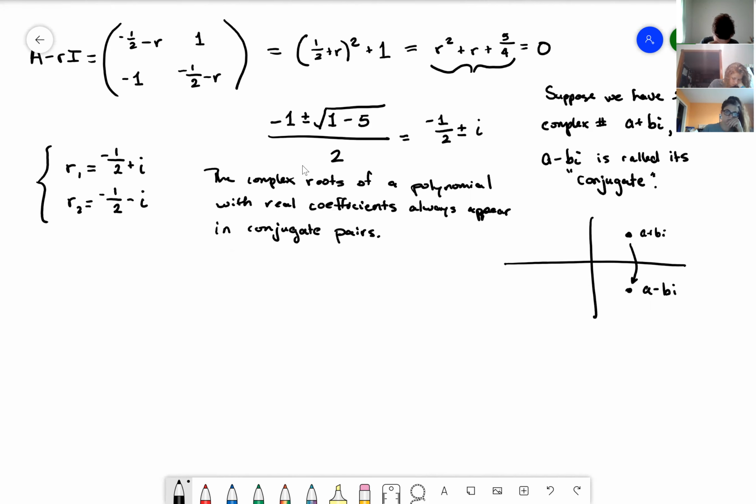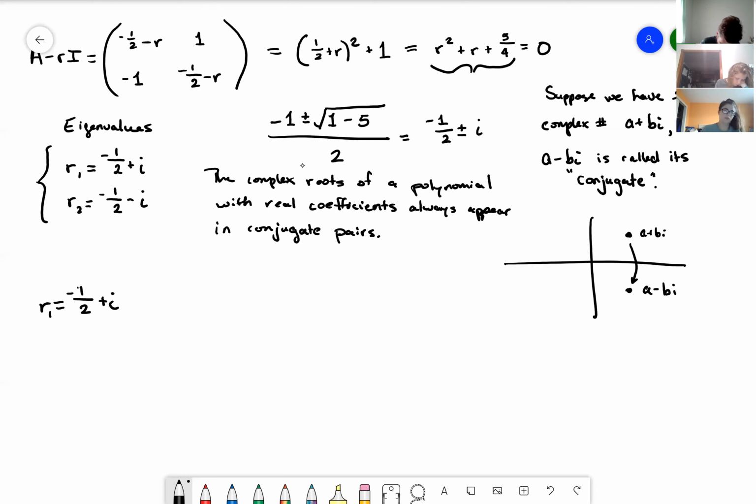Now, that means these are our 2 eigenvalues, the 2 eigenvalues of the matrix. We have 2 distinct eigenvalues, no longer real though, but we can find the eigenvectors. So let's go with the eigenvalue -1/2 plus i and figure out what a corresponding eigenvector would be.